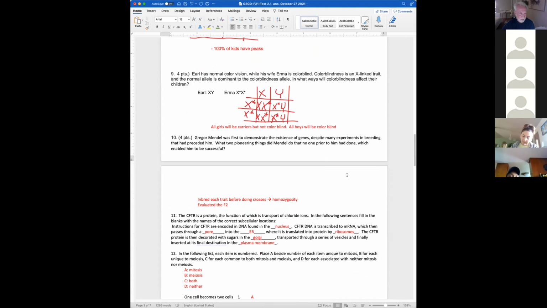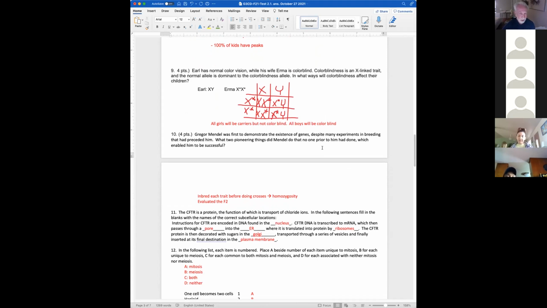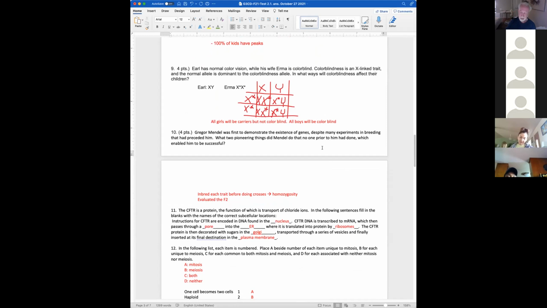And the next question is also about not only Mendelian genetics, but Mendel himself. He was the first to demonstrate the existence of genes. What did he do? What were the key things he did that no one prior to him had ever done?